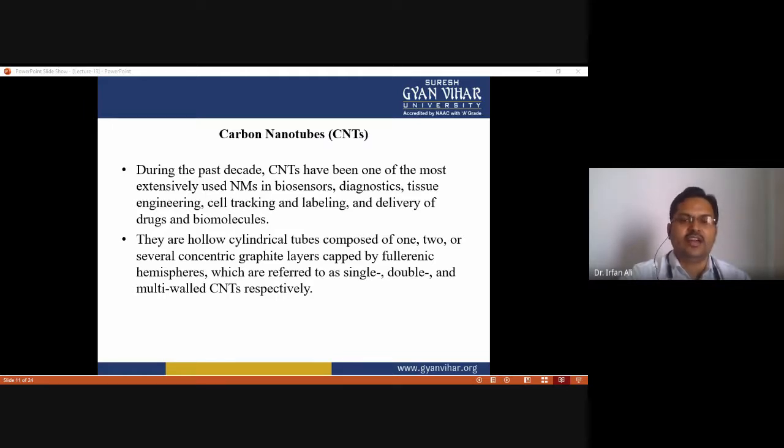Okay, that's why they are single walled, double walled, or multi walled carbon nanotubes. And they have a unique structure, excellent electrical and mechanical properties, high thermal conductivity, high chemical stability, and electrocatalytic activity. Surface folding is minimum, with low overvoltage and high aspect ratio.